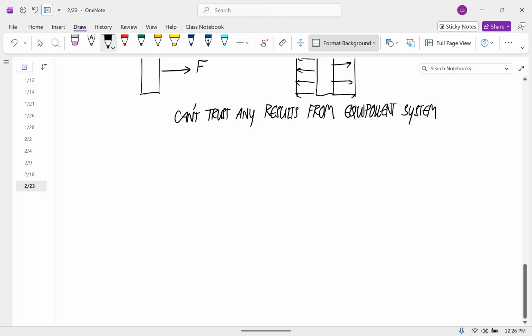All right, and the first type of calculations we're going to do, where we're going to have a specific loading situation and we're going to be able to calculate the stresses, is members in pure tension and compression.